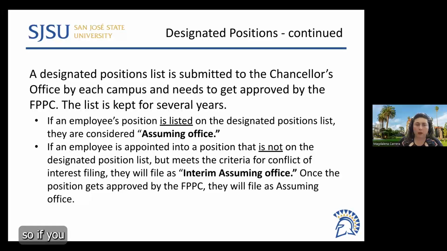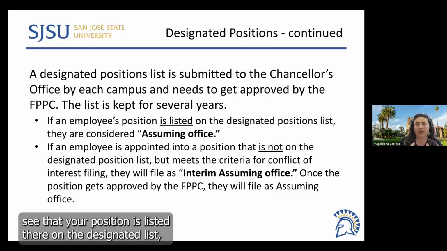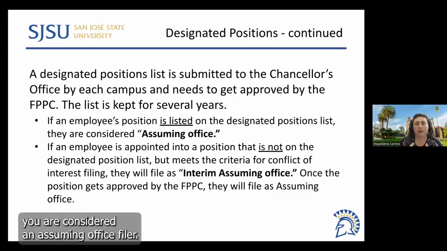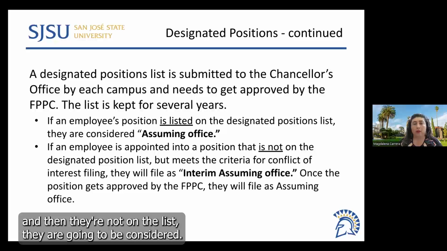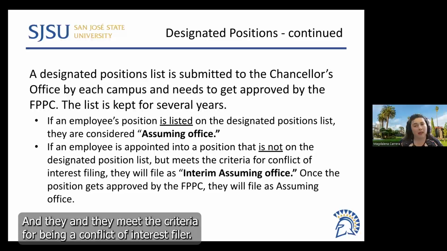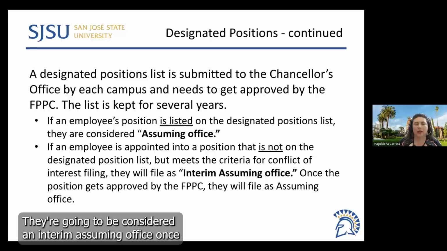So if you see that your position is listed on the designated list, you are considered an assuming office filer. If at any point we have a new recruitment, a new manager comes in and they're not on the list, and they meet the criteria for being a conflict of interest filer, they're going to be considered an interim assuming office.